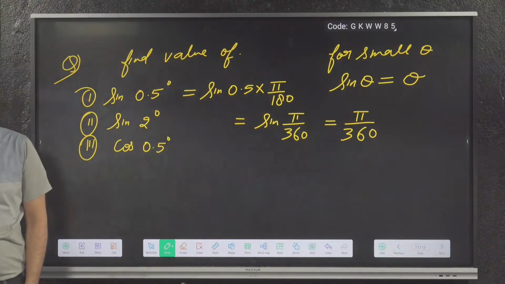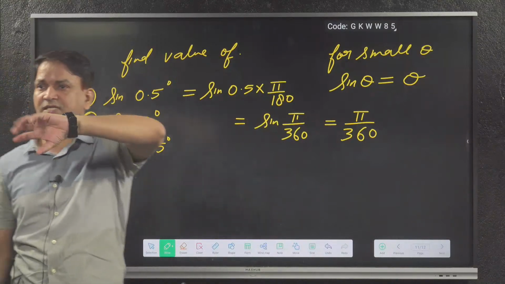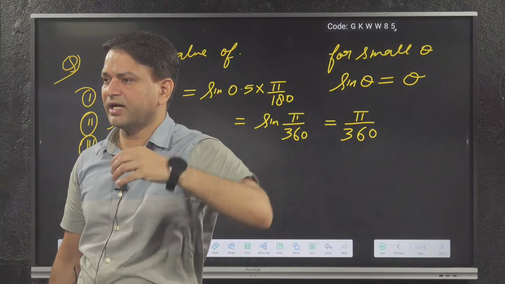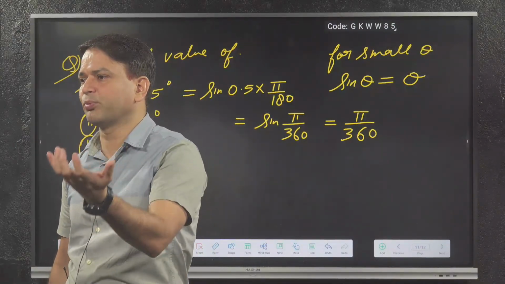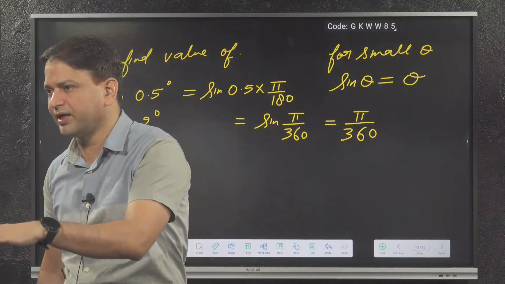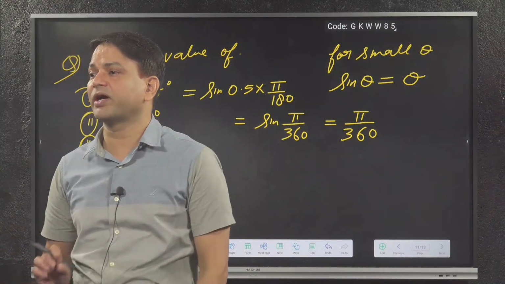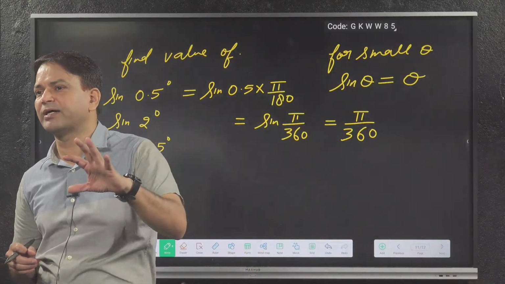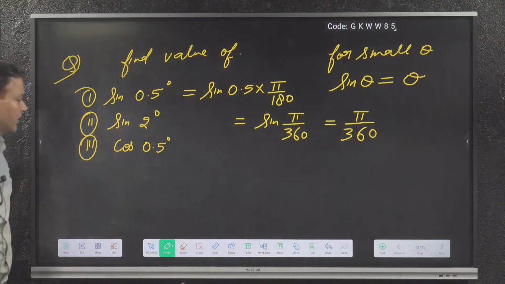First I decided 0.5 degree is a small angle, so I can use the approximation sine theta is equal to theta, but theta must be in radian. So I have to convert 0.5 degree to radian. To convert degree into radian, the multiplication factor is pi by 180, because in radian the magnitude of the angle will be smaller. Understood? Now the second one.